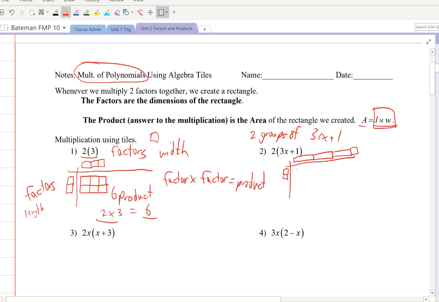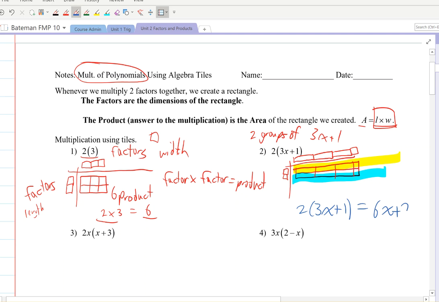And so here we have our 2 groups of 3x plus 1. Now I just know the length and the width, so I just retrace my lines on the inside, and I then have my 2 groups of 3x plus 1. So the first group is at the top, there's one group of 3x plus 1, and here's the second group of 3x plus 1, your 2 groups. Okay, and so you can have the multiplication statement, 2 times 3x plus 1 equals 6x plus 2.